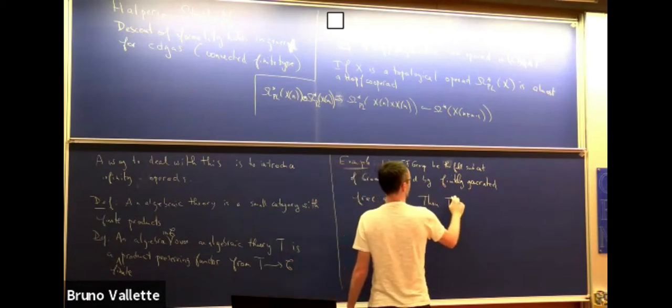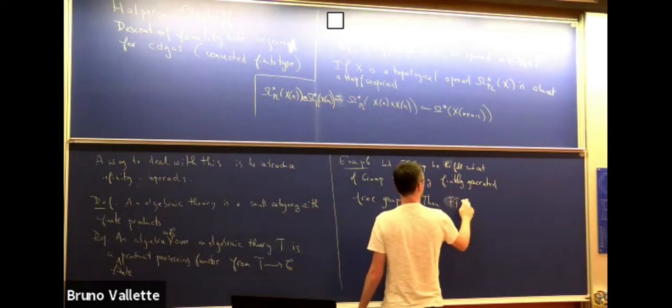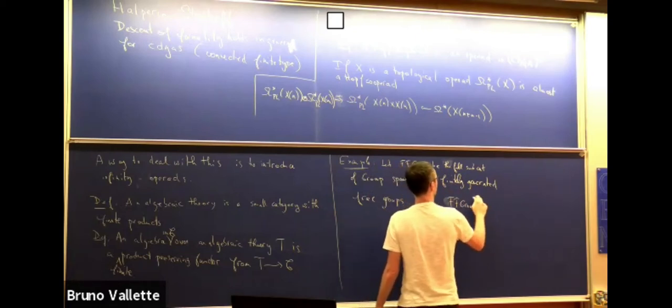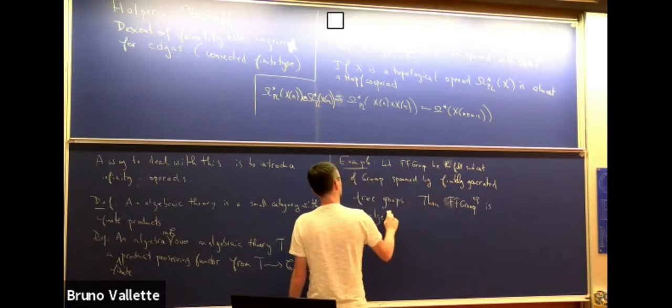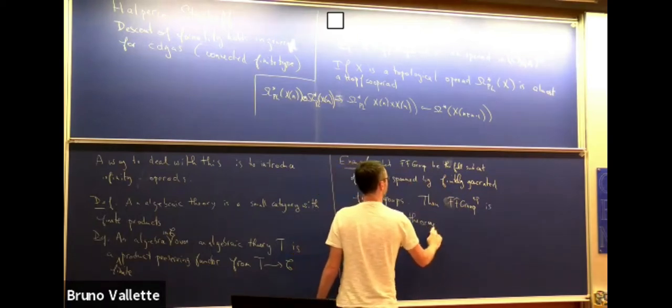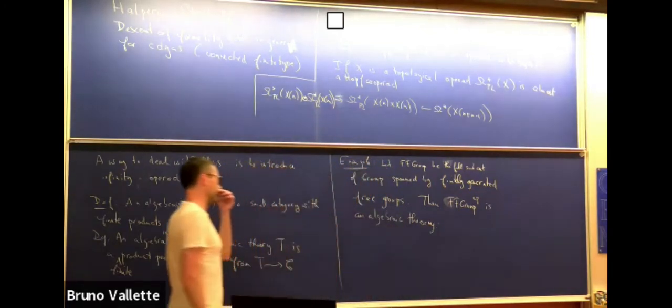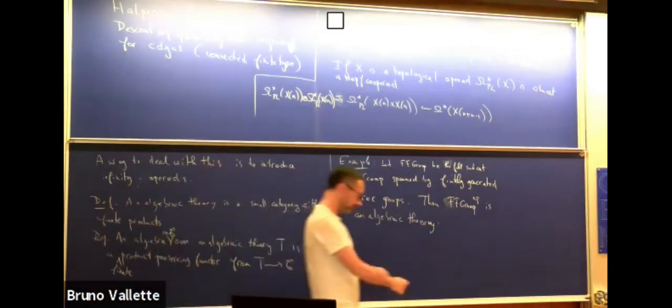Then F group op is an algebraic theory. So it's a small category. Well, let's say you take a skeleton of this, it's going to be small.